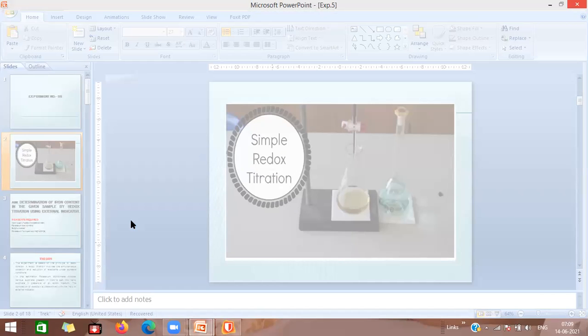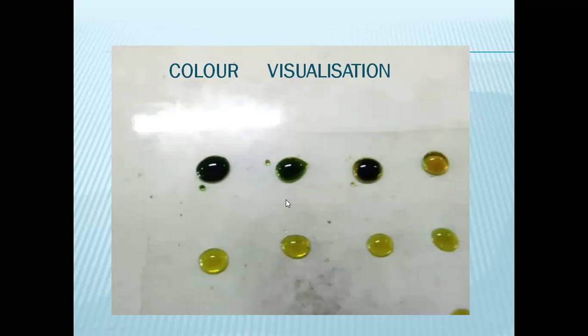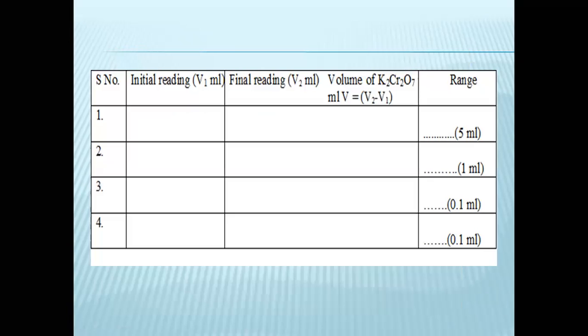So first you have found out in what range, that is the 5 ml range, that is 15 to 20. Next the 1 ml range. Let me write.